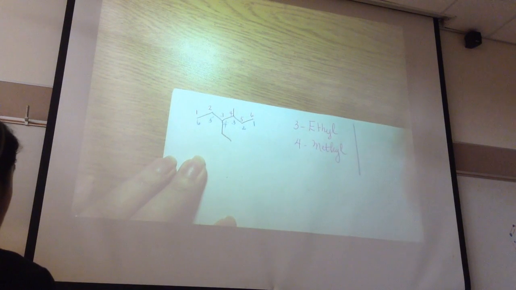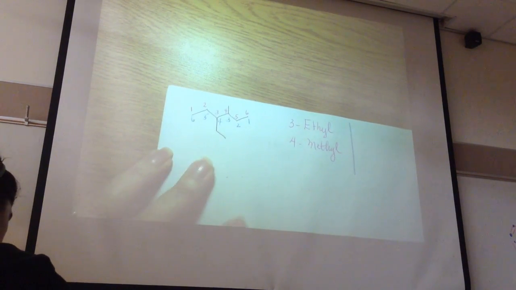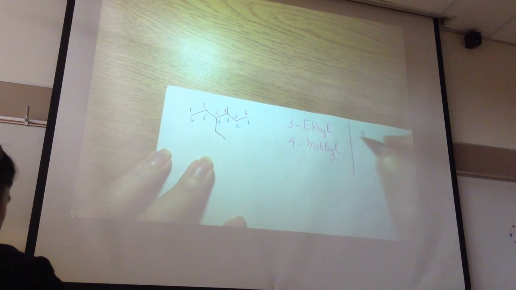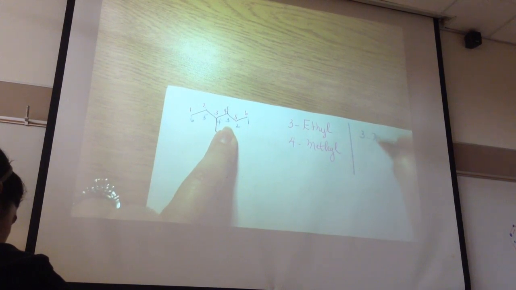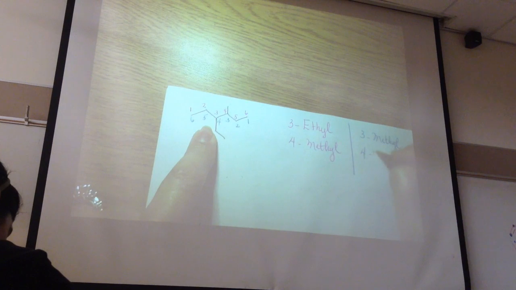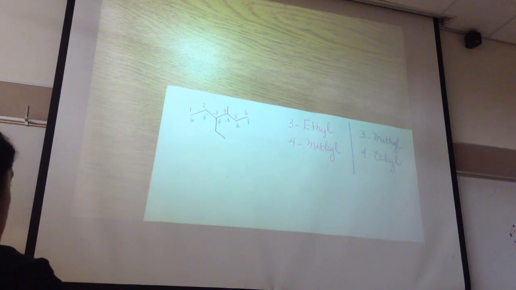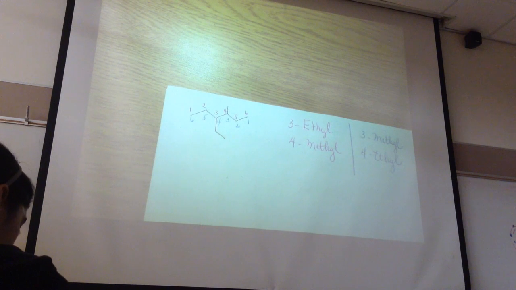So for blue, the person that is writing in blue, 3 is a methyl, and 4 is an ethyl. Is everybody there? So there is pink, and there is blue.